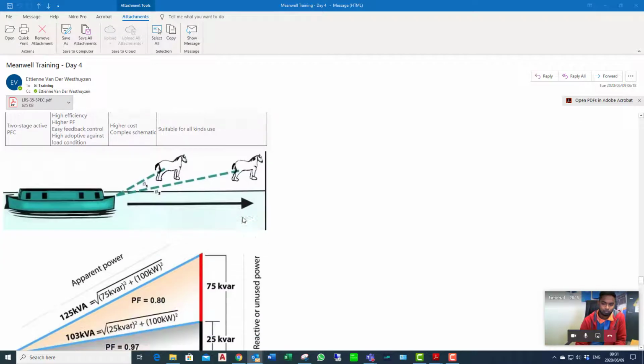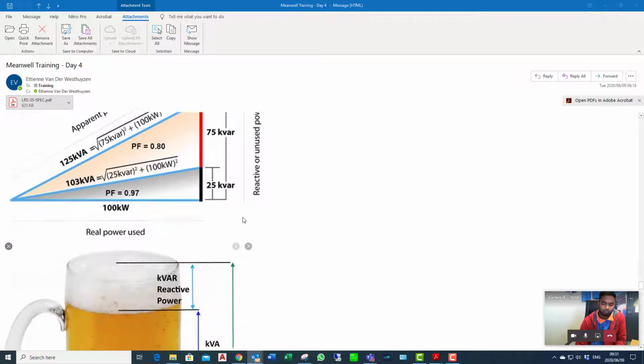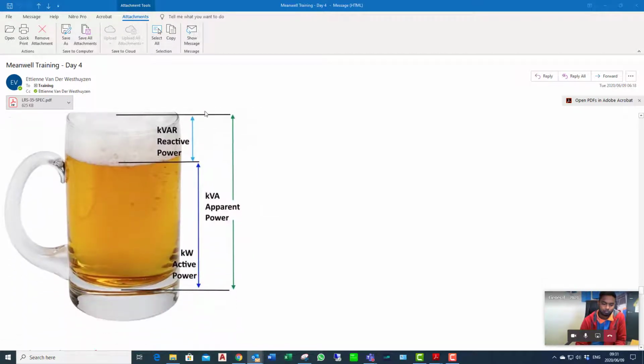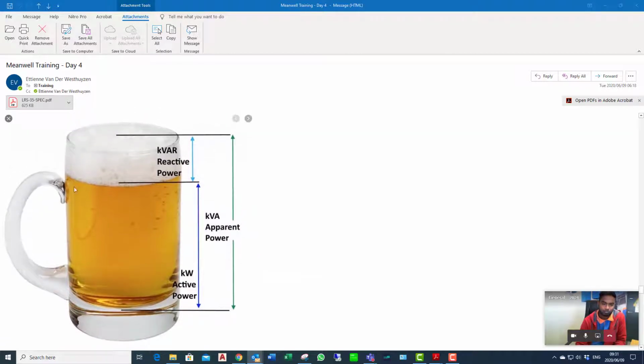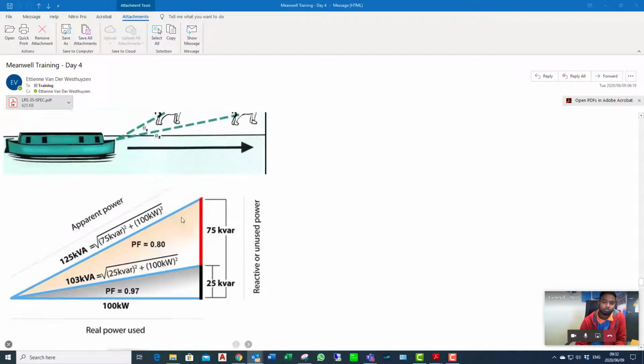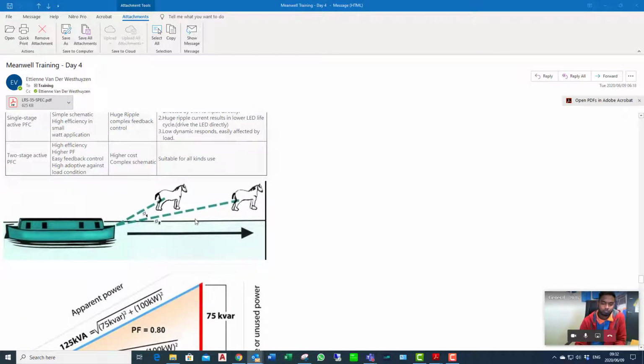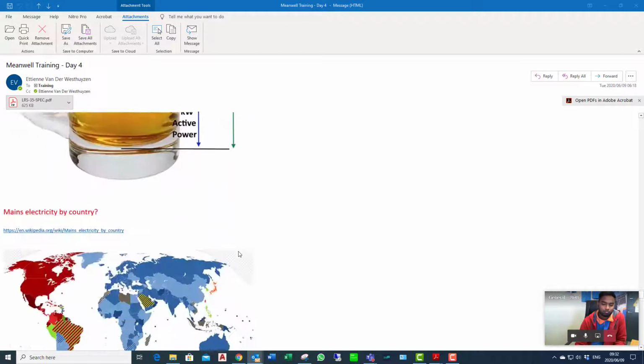This is also very technical. Just to explain to you as a quick explanation, maybe if we look at this picture here, okay, of a beer. So you've got beer, which is the real value of the power that you want, and you've got fake energy, which is the foam. Or as we've explained to you before, you would like to pull a boat with a horse. So unfortunately you can't put the horse in the water, it has to be to the side. Now you've got energy flowing in that direction and a forward energy factor.